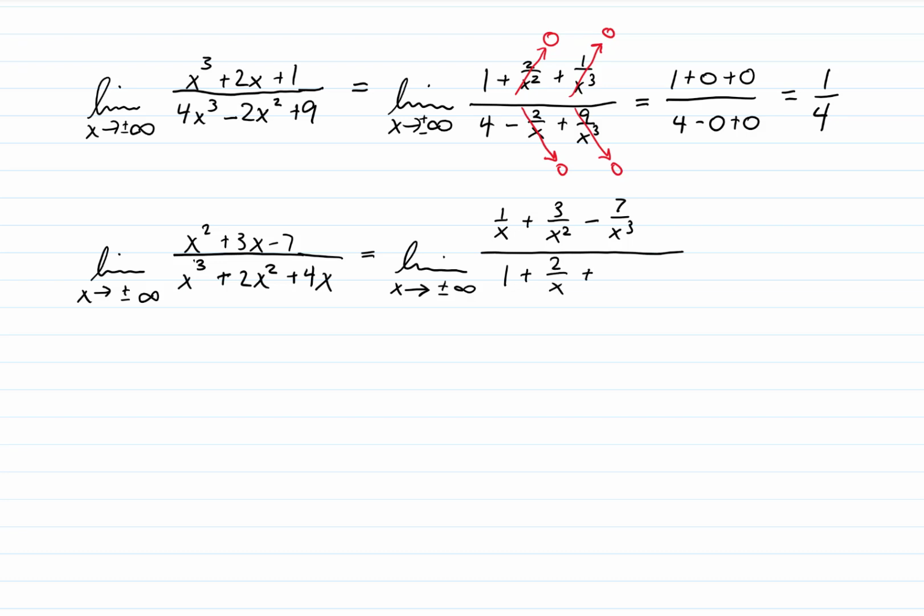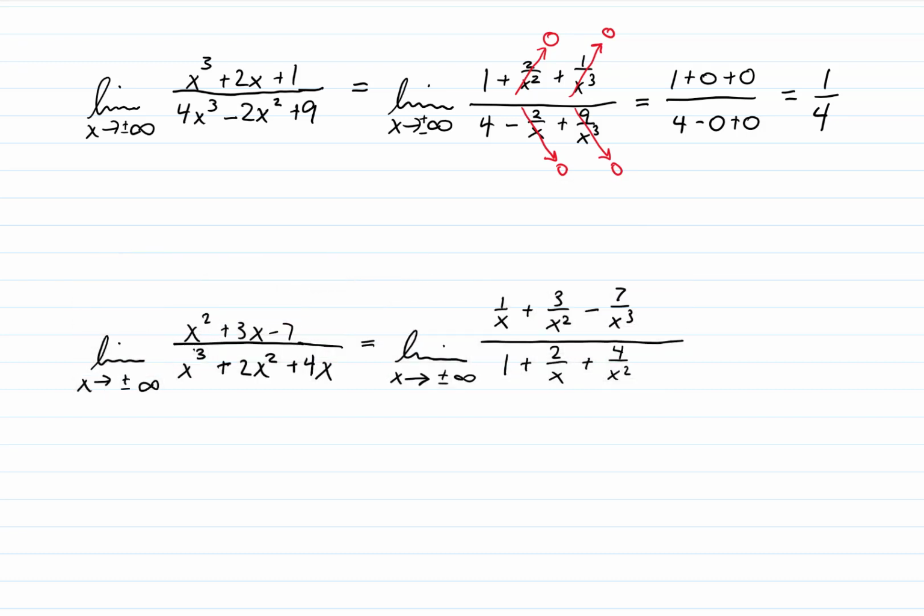And 4x divided by x cubed is 4 over x squared. You let x get infinitely large, either positive or negative direction, either way. What happens is this fraction will disappear, this one will disappear, this one, this one, and this one.